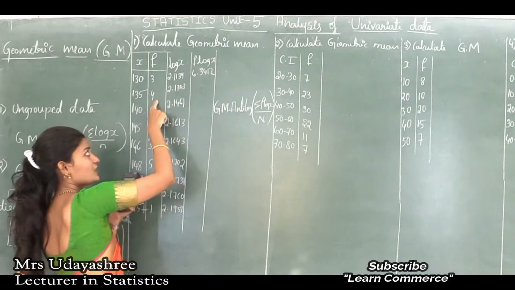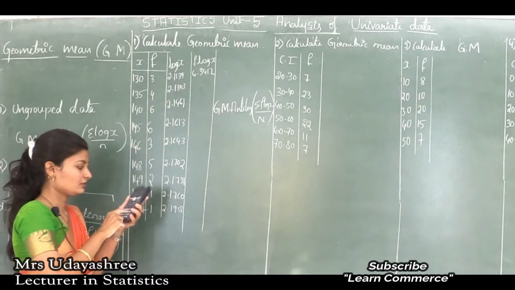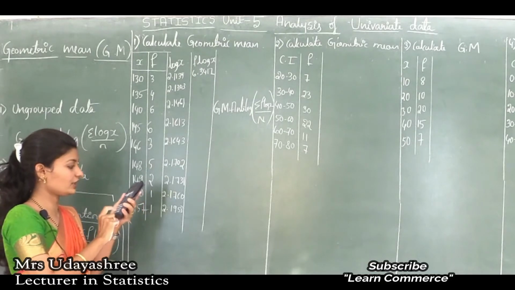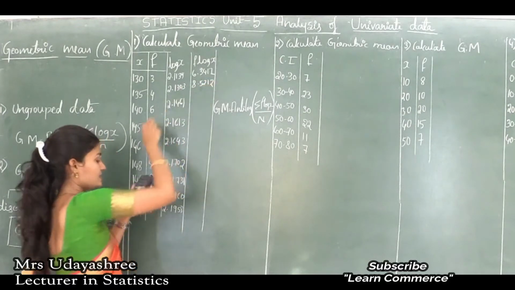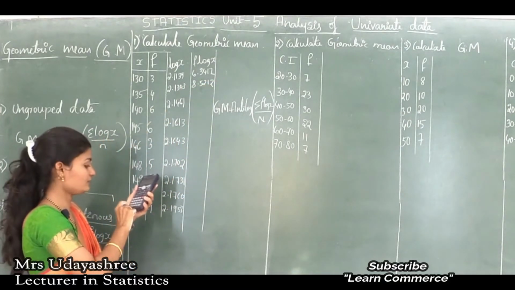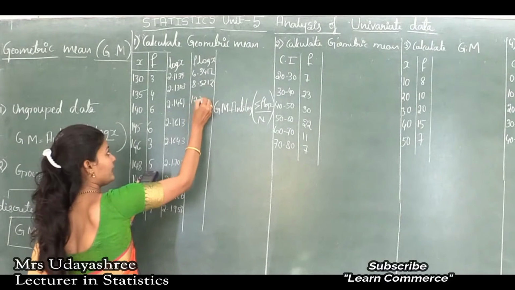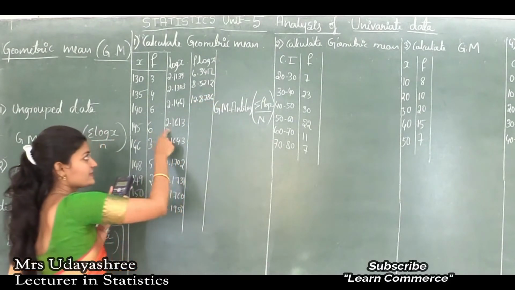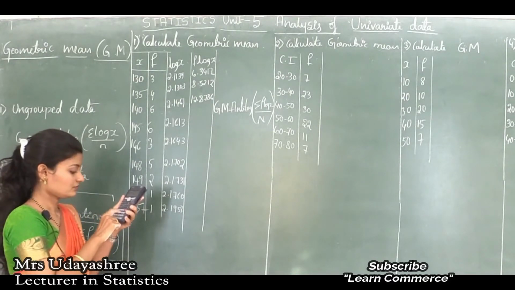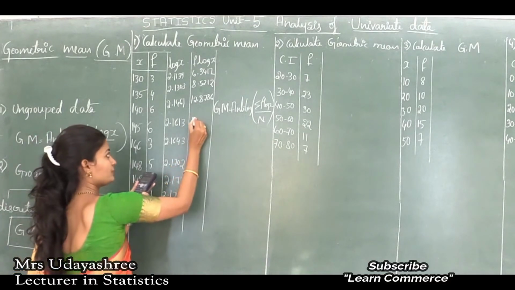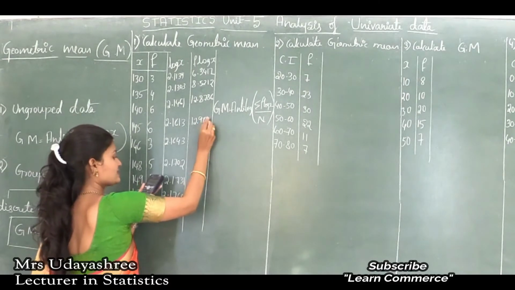which is 6.3417. Then the next f observation is 4 and log x is 2.1303, so 4 into 2.1303 is 8.5212. Then 6 into 2.1461 is 12.8786. Next, 6 into 2.1613 is 12.9678.